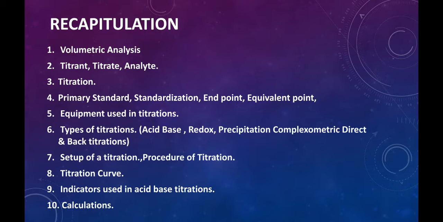Sixth, types of titrations such as acid-base, redox, precipitation, complexometric, direct and back titrations. Seventh, setup of titration, its procedure. Eighth, titration curve. Ninth, indicators used in acid-base titrations. And tenth, calculations for acid-base titrations.